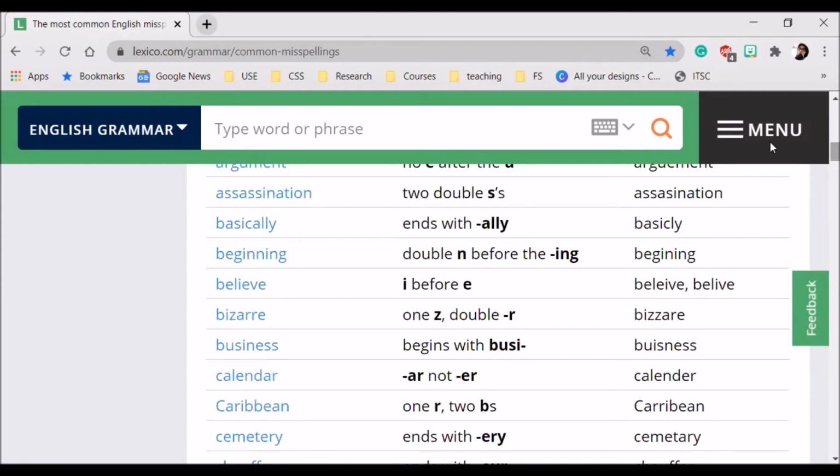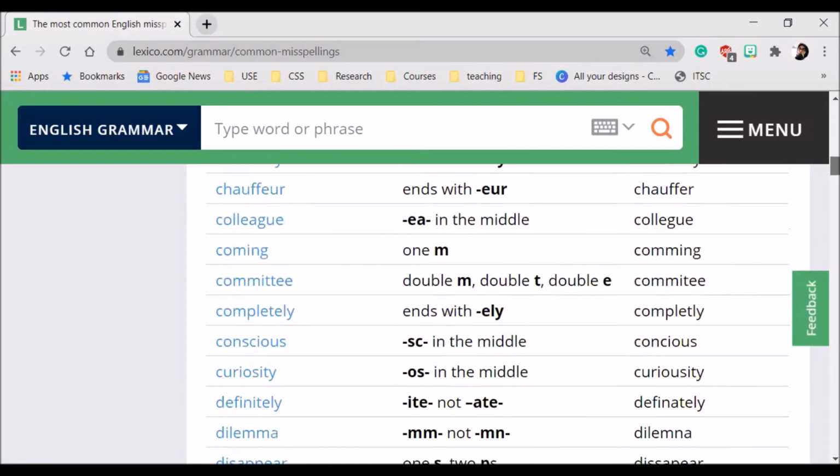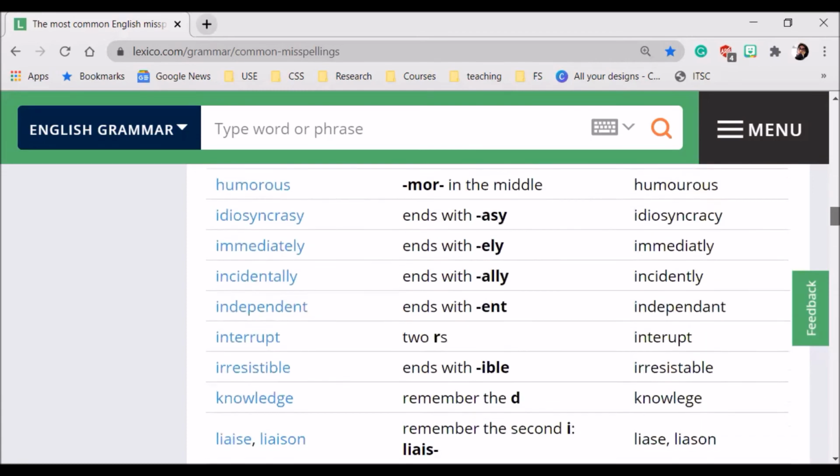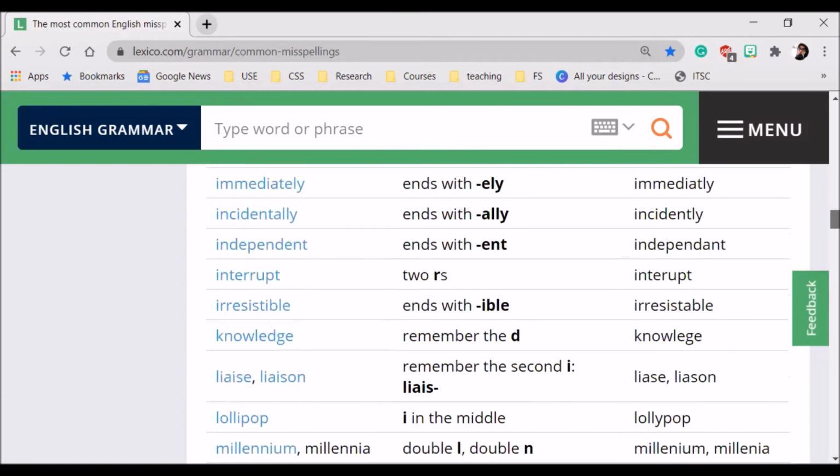Yes, it was basically, which has a LY at the end. Accidentally and basically would have it, but immediately has E and single L. Okay, so we could have this ending ELY, or we have a double LY ending.